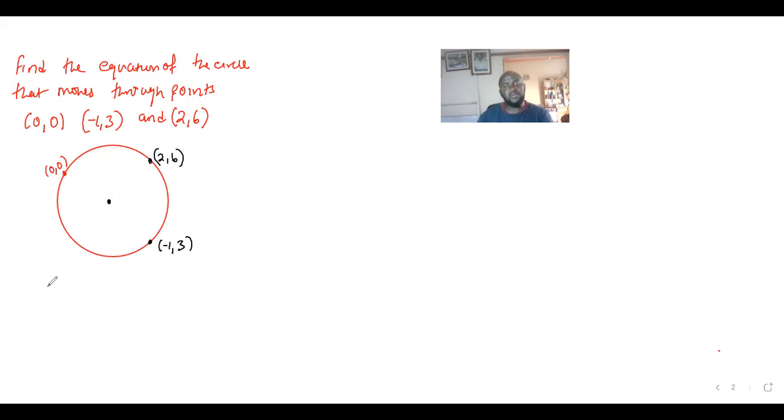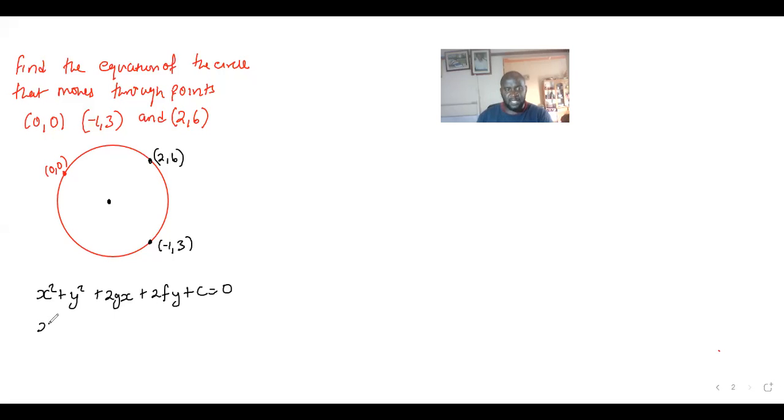Now, if you're using the equations of the circle, we can use x squared plus y squared plus 2gx plus 2fy plus c is equal to 0. And this is used if the values of g and f are negative.